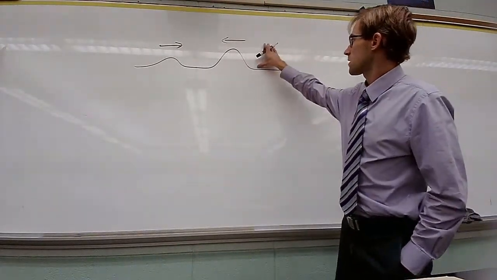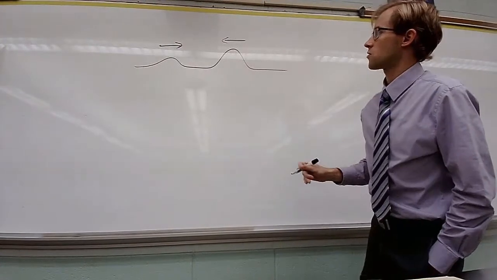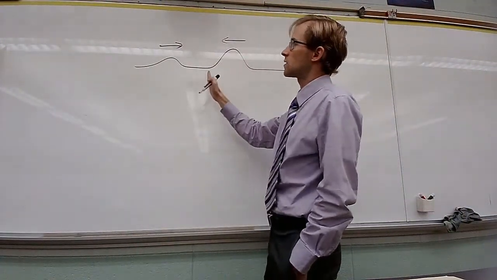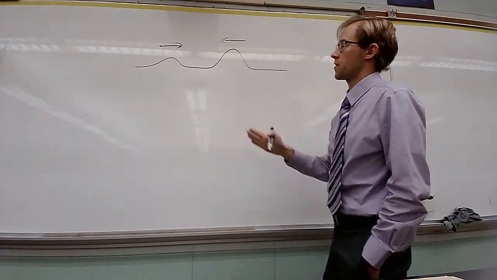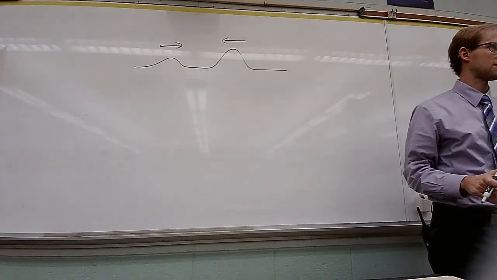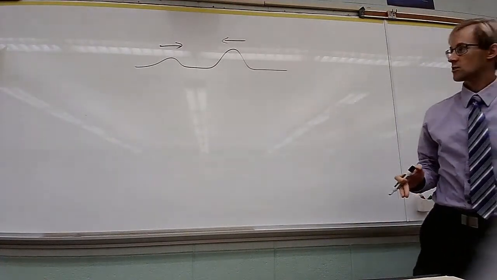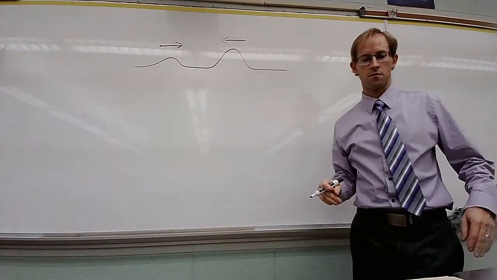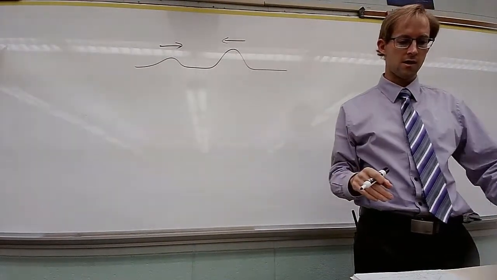And for this question, I'd like you to try and draw what these waves are going to look like when they're in the same position, and then what they're going to look like a little bit after they're in the same position. So right when they're in the same spot, and then what happens after they're in that spot.